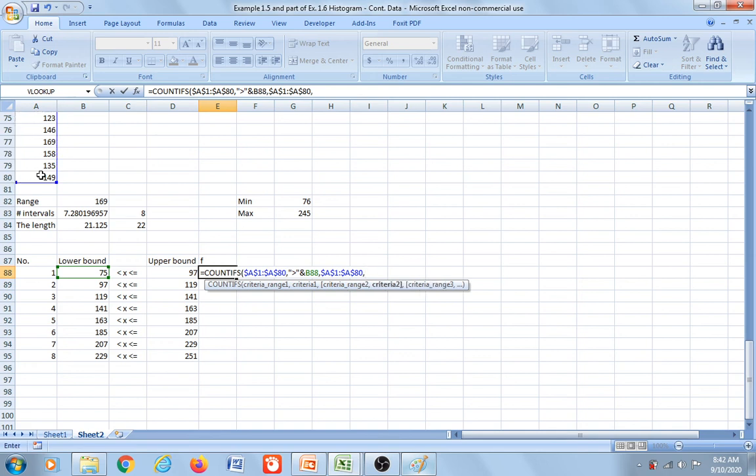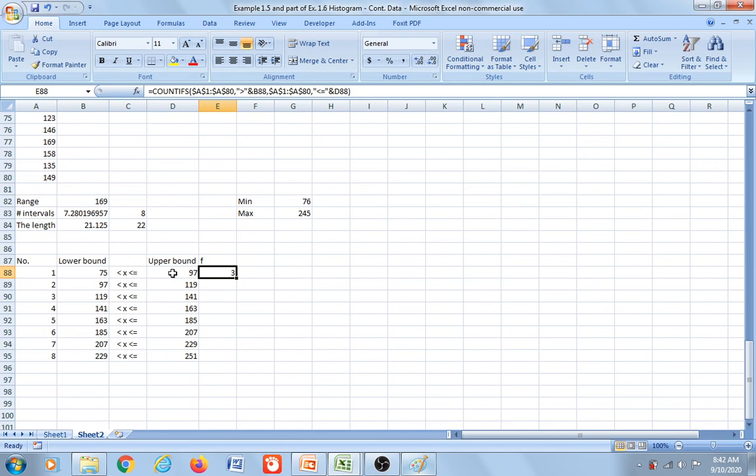Then criteria 2: X must be less than or equal to 97. Then I'm gonna close the parentheses, enter. So there are 3 observations that are less than or equal to 97 but bigger than 75. The next thing I need to do is copy it down.